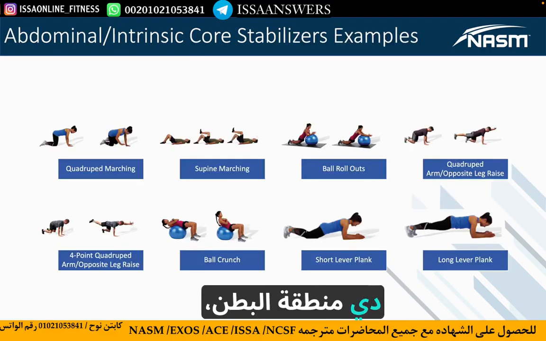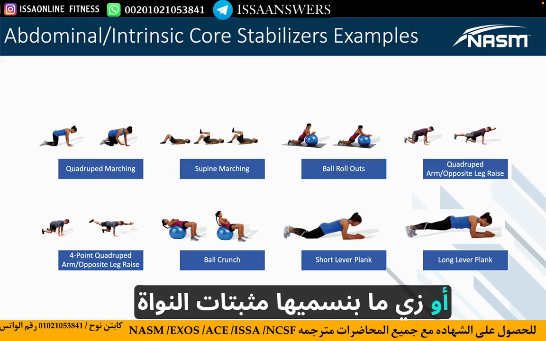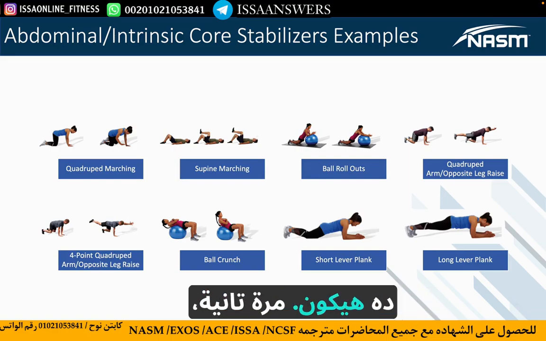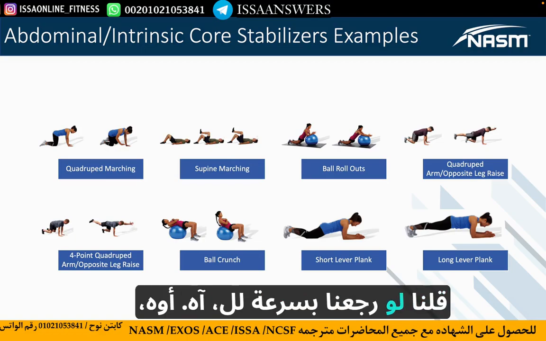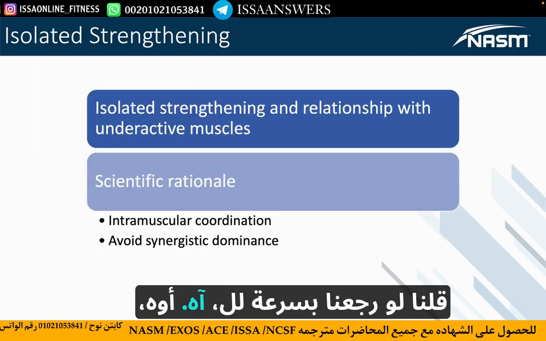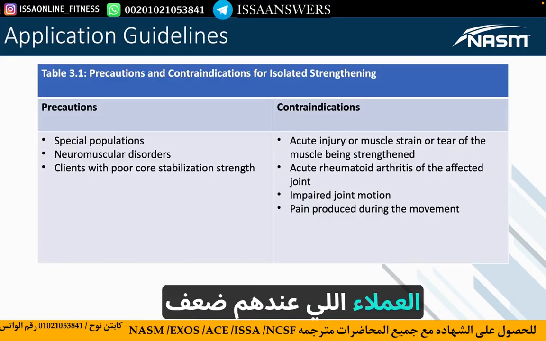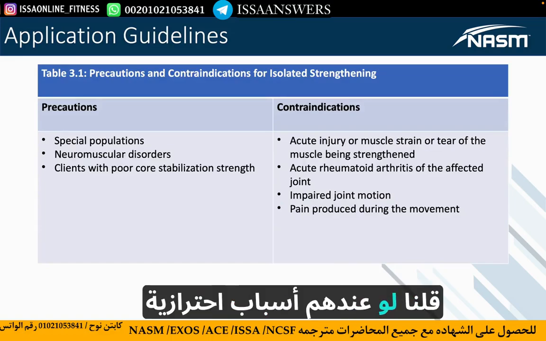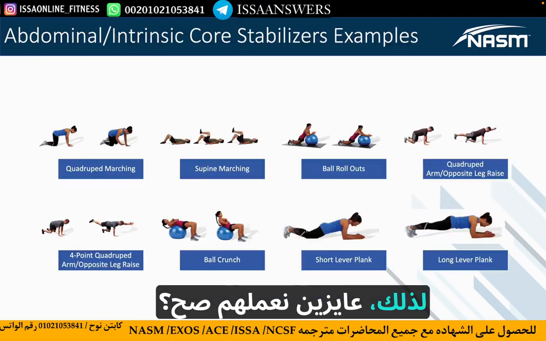Okay. There's your abdominal region, or as we would also call it, your intrinsic core stabilizers. All right. Again, we said clients with poor core stabilization, if they have precautionary reasons for that, we want to do them.